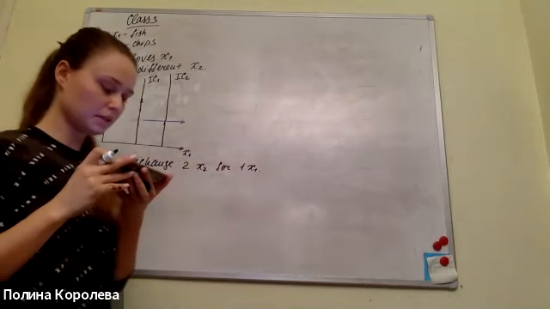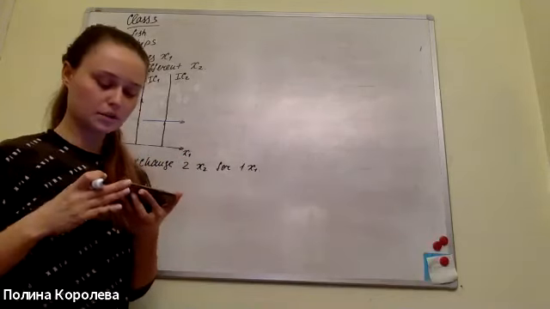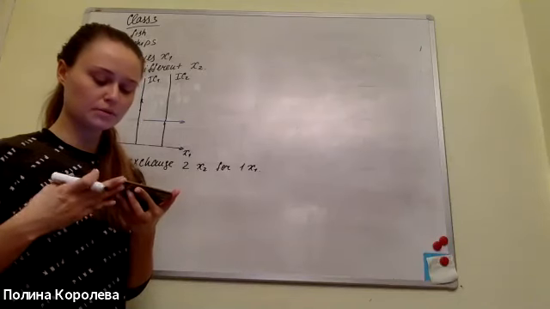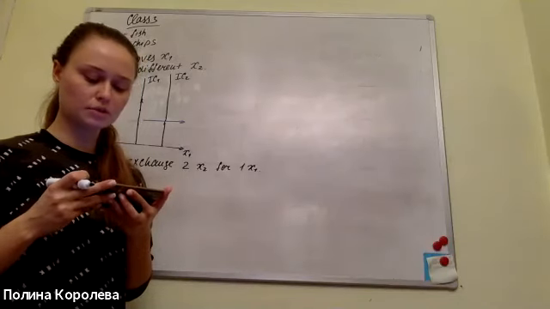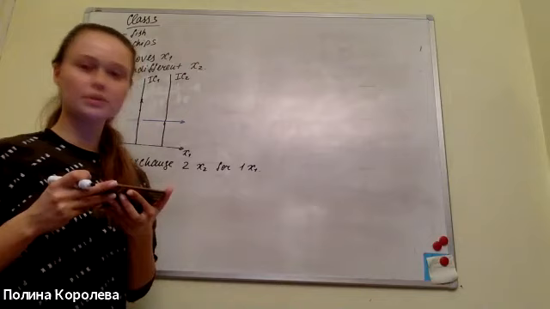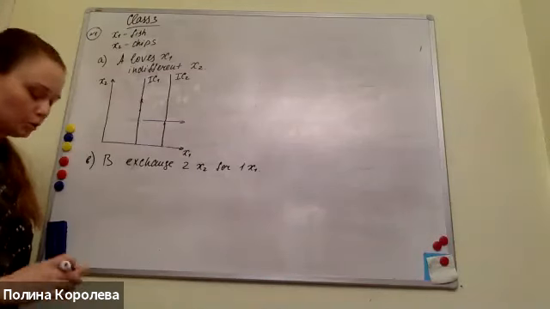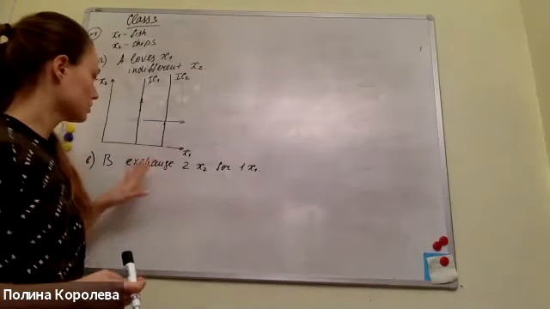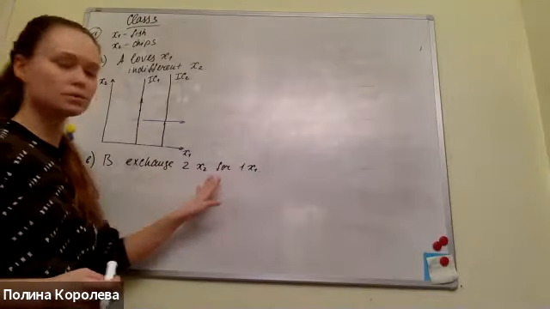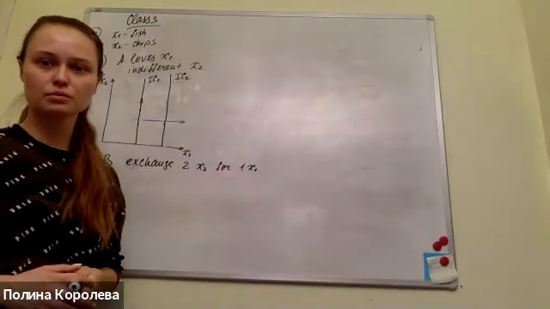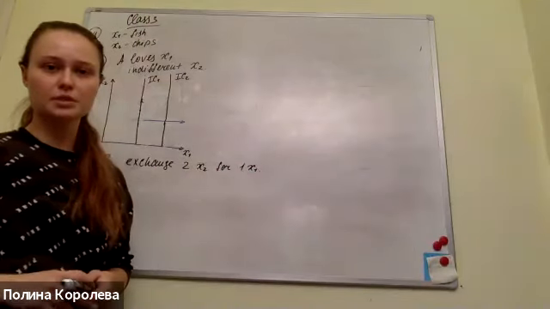Extra fish or extra chips always make him happier. This we can conclude from this information. We can conclude that fish and chips for Boris are goods, not bads. More is better. So how do we call such goods, such a connection? Perfect substitutes. Perfect substitutes. Yes, thank you.